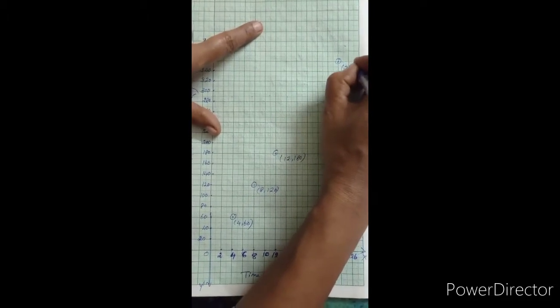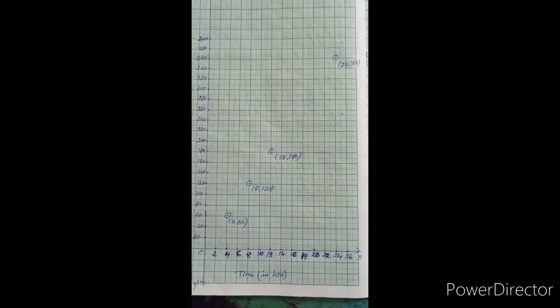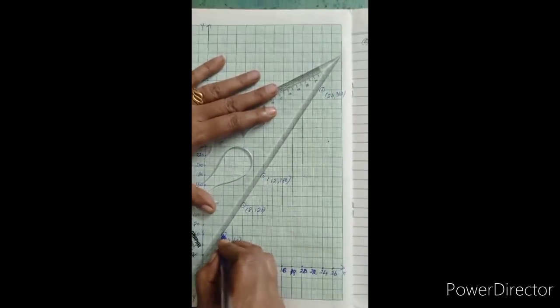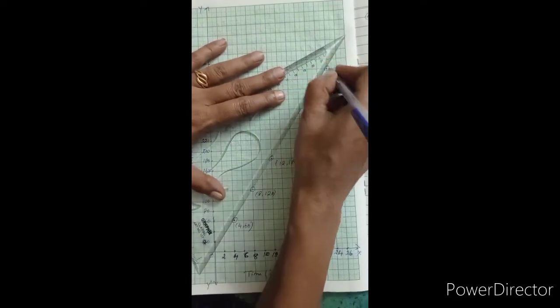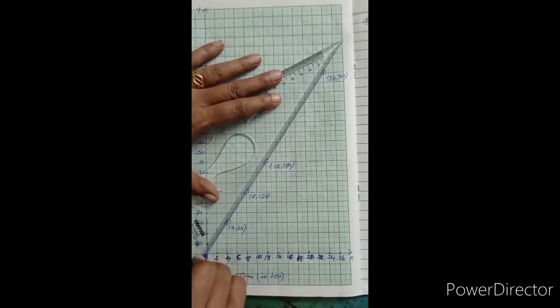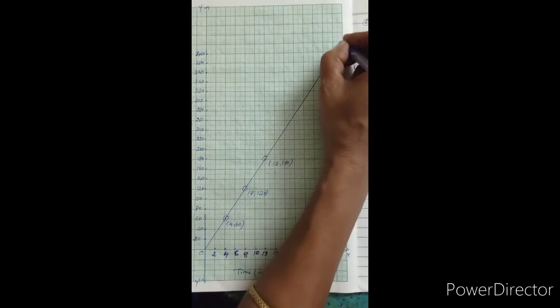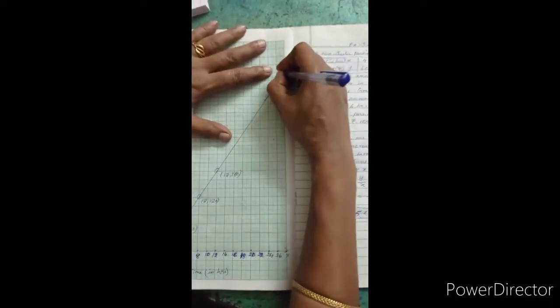Join these points by using a scale. This is the first point, this is the last point. So draw a straight line like this, extending both sides. Here write the required equation: y is equal to 15x. You should write this.